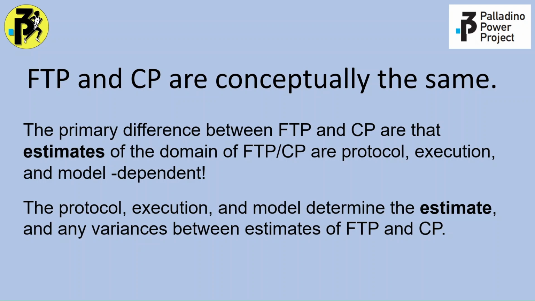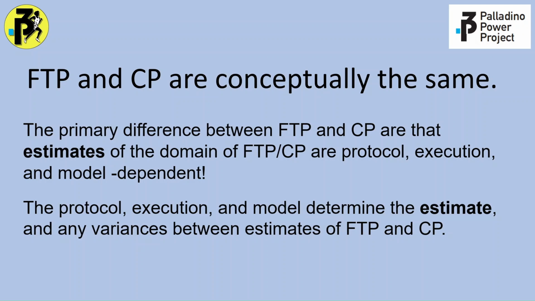So if you use 95% of 20-minute power, you're going to get a different estimate for FTP or CP than if you did a 3-minute and 15-minute maximal effort test and put it in a linear 1/time model for estimating CP.